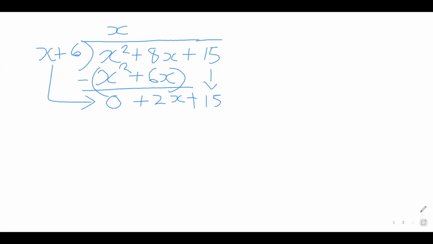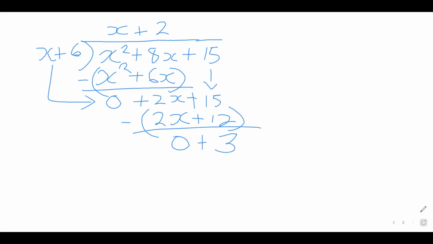So now we said x into 2x, that's just simply going to be 2. Then we're going to multiply throughout. 2 times x is 2x. And then 2 times 6 is 12. So now we're going to subtract these numbers. We're going to have 0 here. And then that remainder is going to be 3. So that will be our answer.